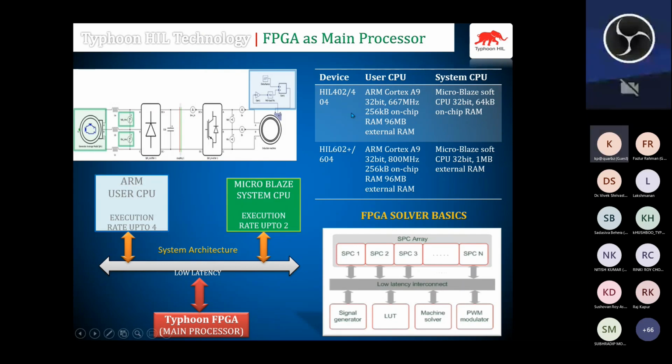So if you want to make use of these components, you have to go through the device table. I will show you when I will be proceeding to the hands-on part. There you have to find this in the device table and you will get according to your requirements. You can switch to the configuration: what kind of configuration do you require, how many machine solvers you want to involve, how many signal generators, and how many lookup table channels.